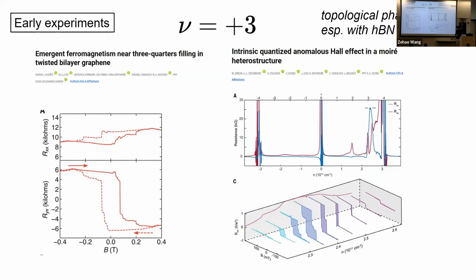As I alluded to earlier, later experiments also saw signatures of time-reversal symmetry breaking and topological transport, right? In David Goldhaber-Gordon's group, they measured the anomalous Hall effect as well as hysteresis at nu of 3. And later on, Andrea Young measured the quantized anomalous Hall effect at the same filling.